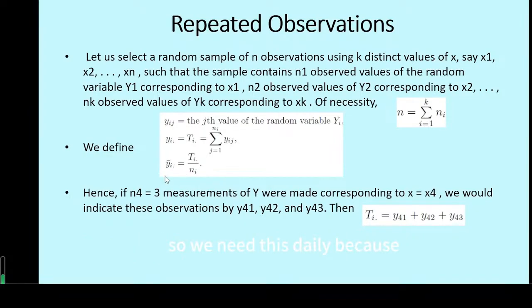We need this value because for the given xi, x is fixed, but we get different y values. So this difference in the y value is a pure random variable, and it is not connected with the model. It is not connected with the modeling because we need pure randomness in testing for linearity.